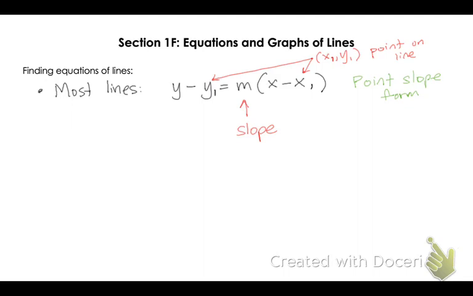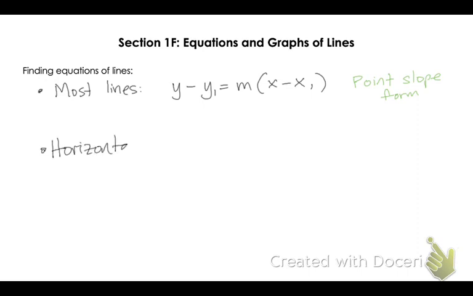Now, when we were learning about slope, we found a couple of special cases, and that is horizontal lines and vertical lines. Most lines are not horizontal or vertical, and they are going to follow that point slope form of the line.